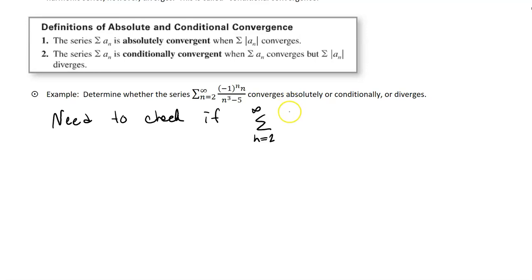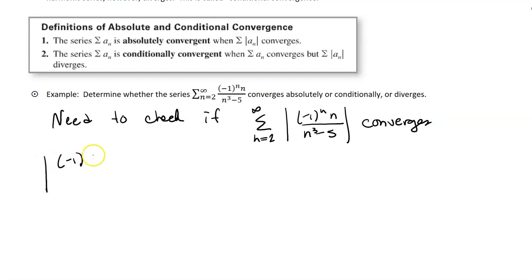So I would have the absolute value of -1 to the nth power times n over n cubed minus 5, and we need to see if that converges. The absolute value of that is basically just going to be n over n cubed minus 5, and that's going to be positive as long as n is greater than or equal to 2, so we'll call that a sub n.